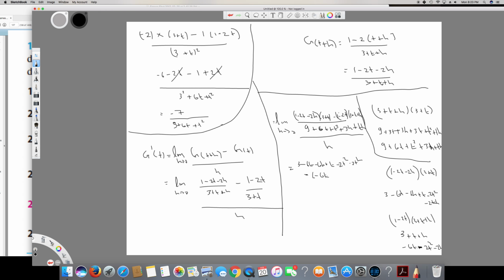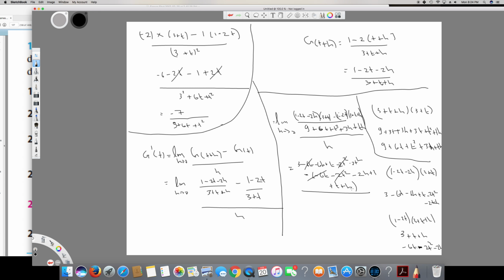It's going to be minus 6t minus 2t square minus 2h, and I had to put this into plus 3 plus t plus h right here. So to make this simple, I cancel everything that can be cancelled. 6t cancels because minus minus becomes plus, and 2t square cancels, so minus 2t square plus 2t square cancels.